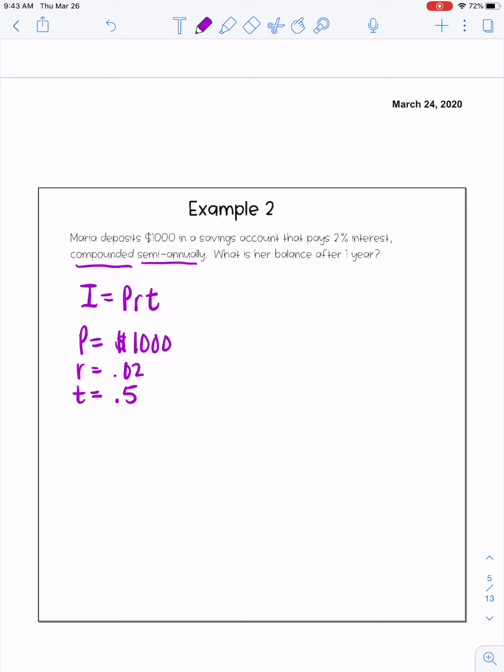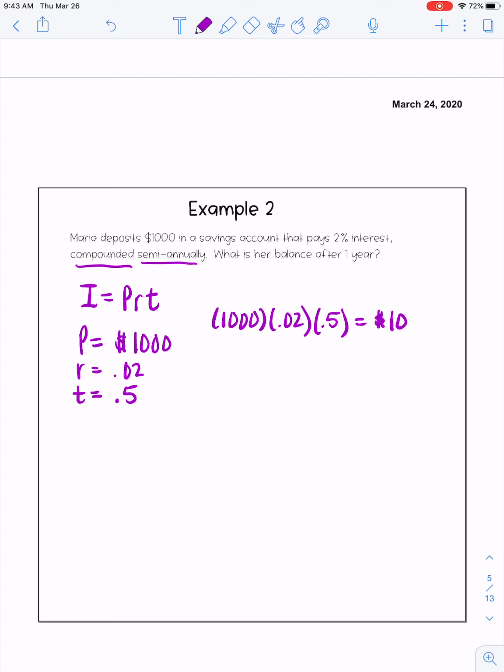Then I'm going to multiply everything. So I have 1,000 times 0.02 times 0.5. That's going to give me $10 in interest.